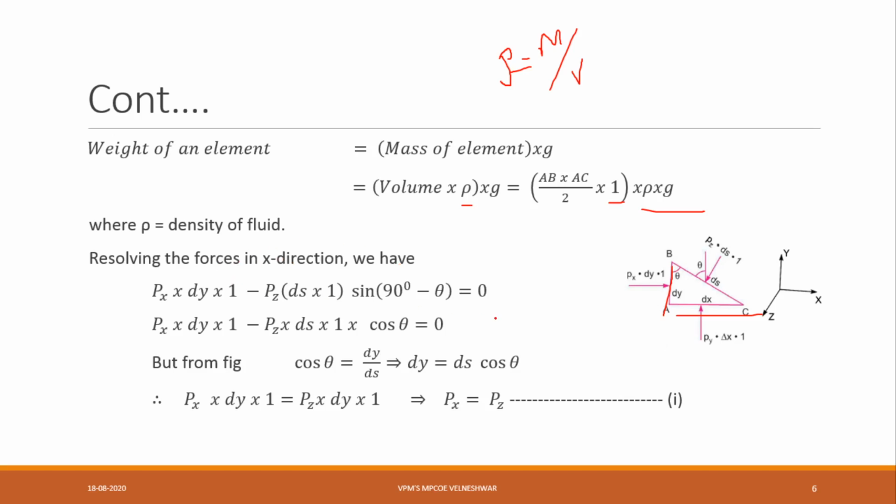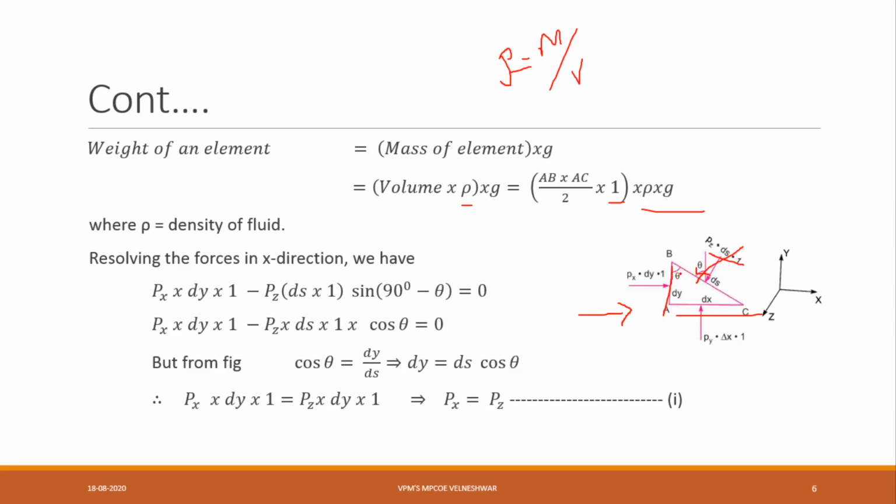Now resolving forces in the x direction. In the x direction, what forces are there? We have to consider px into dy into 1 minus pz into ds into 1, because pz is coming in an inclined direction.